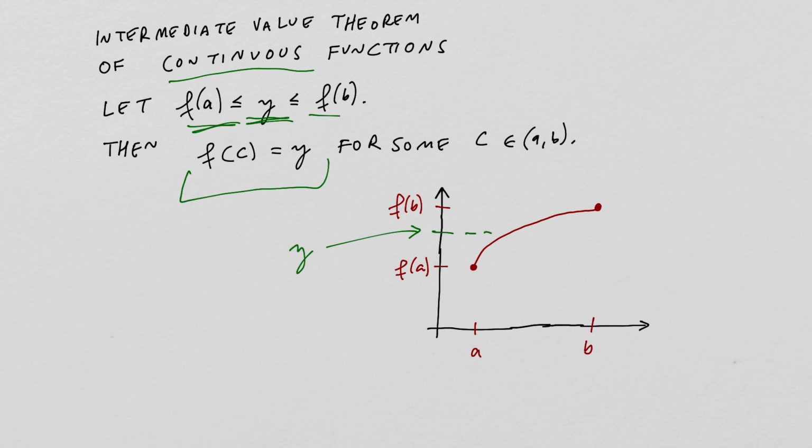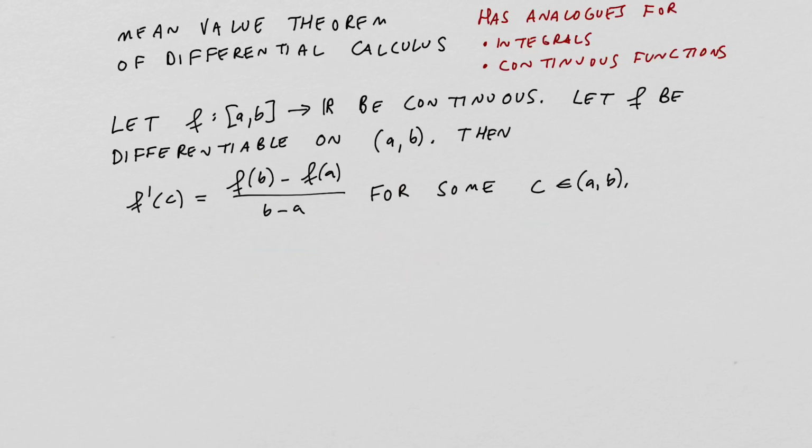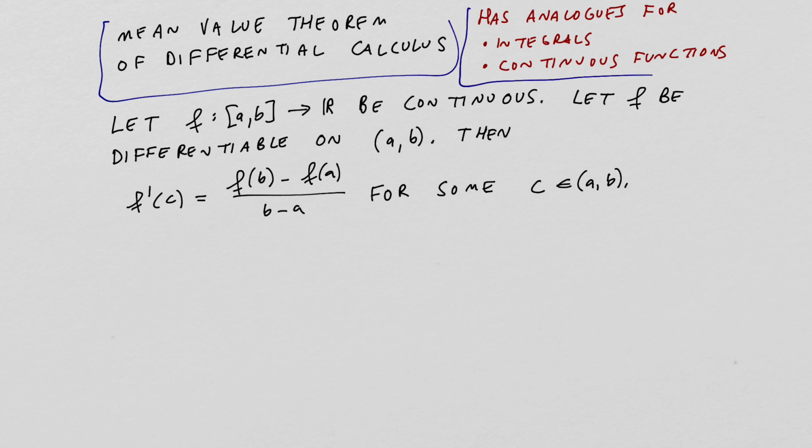So if we draw here a line like this, and we start to go from the point f(a) upwards, we must at some point cross the line. We find some value c such that the value of f at c is equal to y.